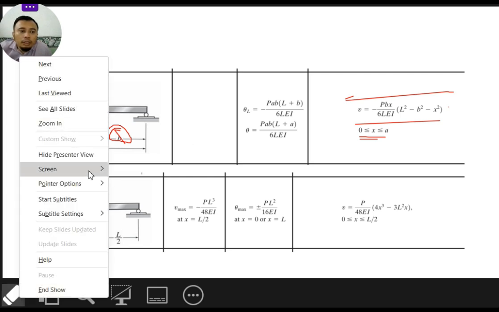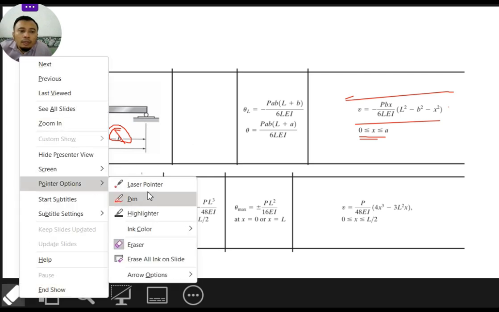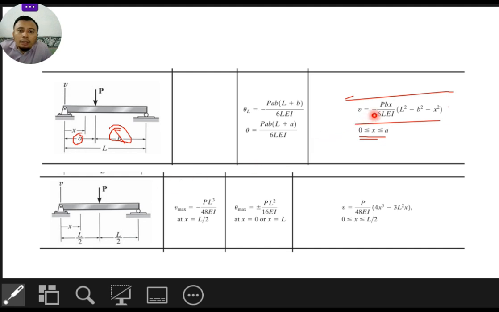Worth noting here, as you can see, there is a negative here, because in this book, downward is taken as negative displacement. As you can see also here, negative displacement.